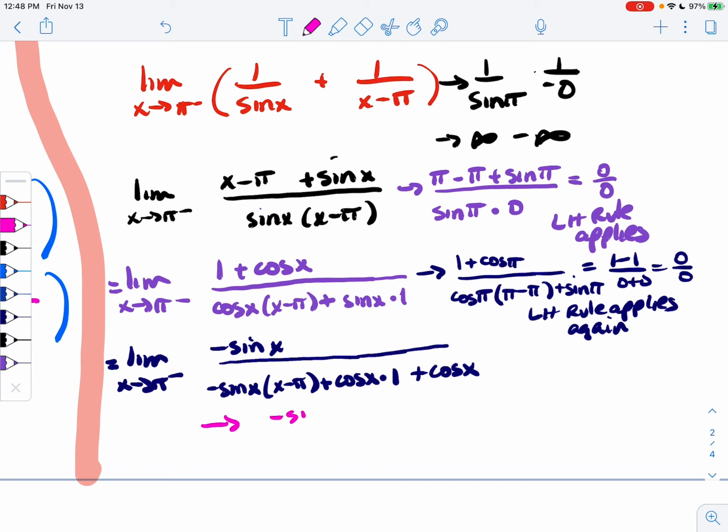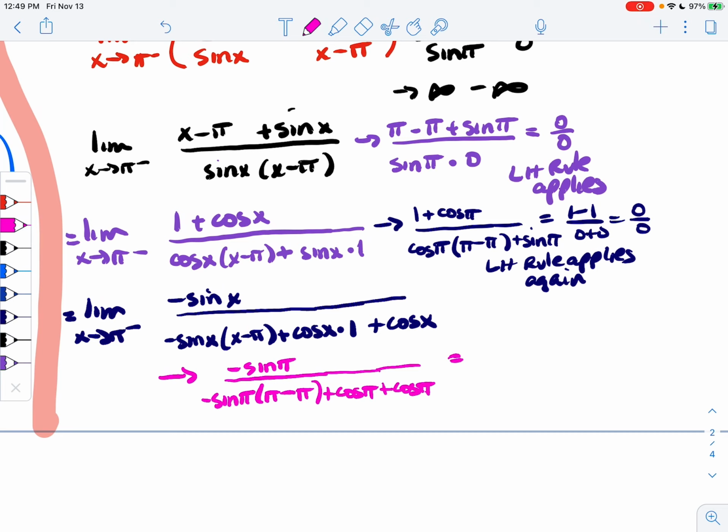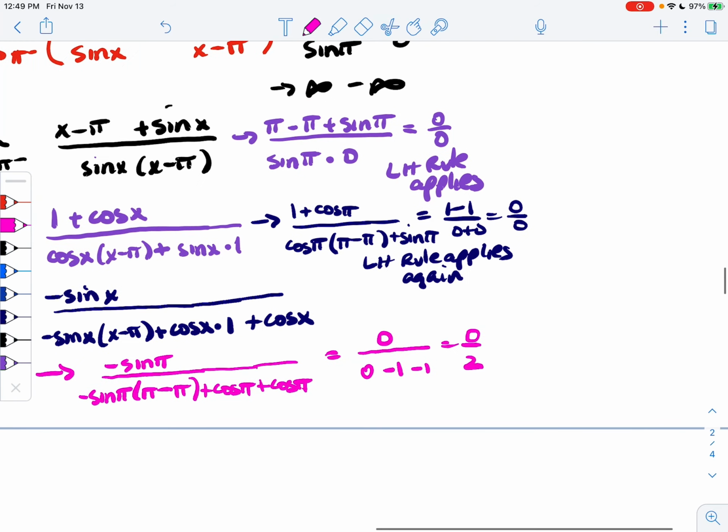So this is going to be minus sine of pi over minus sine of pi times pi minus pi plus cosine pi plus cosine pi, and that equals 0, because sine of pi is 0, over negative sine pi, that's 0, and pi minus pi is 0, so that's going to be 0, but cosine pi is minus 1, and again it's minus 1, and we get 0 over 2, no more L'Hopital's rule, we can make a determination, and our limit here is going to equal 0.